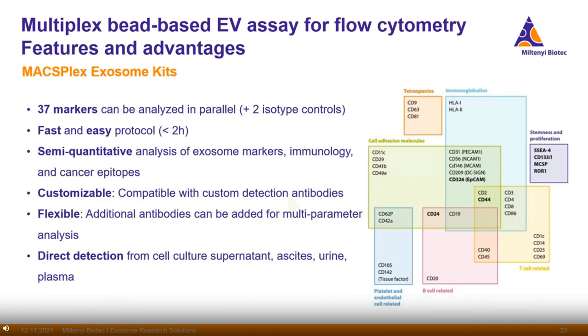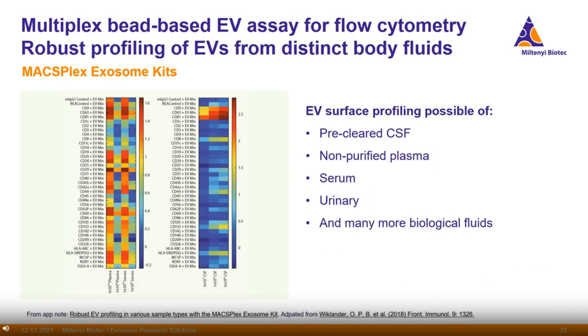The assay is further flexible, so additional antibodies can be added for multiparameter analysis, and no pre-enrichment is necessary to run the Multiplex exosome kit, so EVs can be analyzed by flow cytometry directly from different sample types or after isolation. This is shown here, where the EV surface signatures of major human body fluids like plasma, serum, and CSF were profiled.